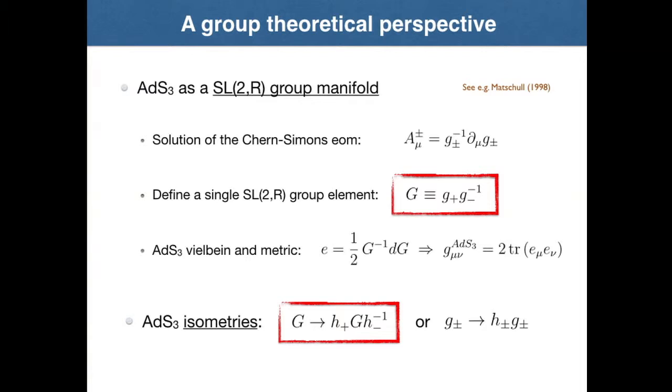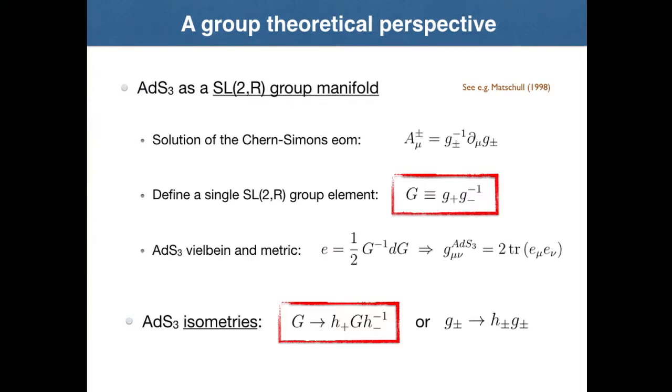It is the fact that AdS3 is also isomorphic, at least locally, to an SL2R group manifold. And so the idea is to reformulate this procedure in terms of SL2R data, as identification of points within an SL2 manifold. This is not a new idea. It has been considered by many people.